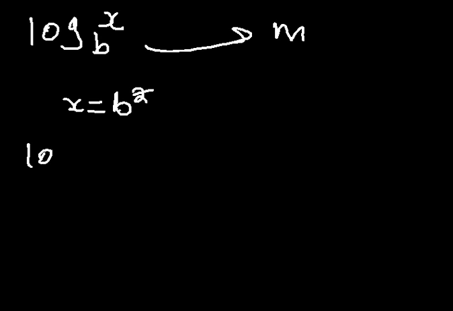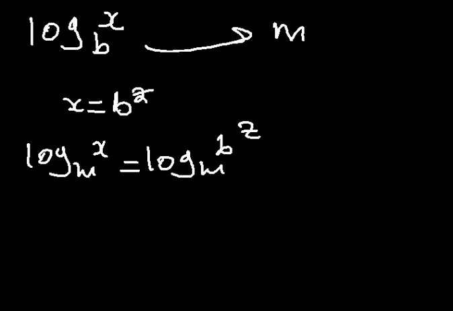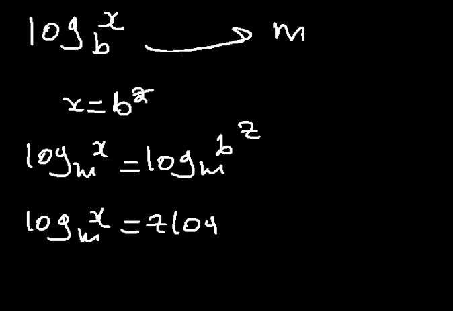So we have log m of x equal to log m of b to the power z. Then, according to the laws of logarithms, we have log m of x equal to z log m of b.